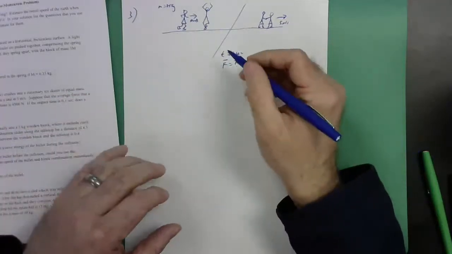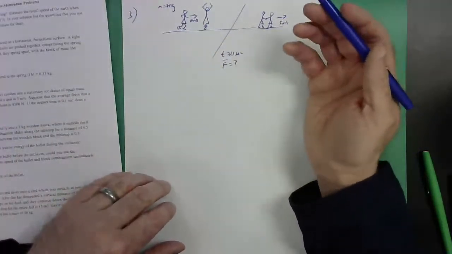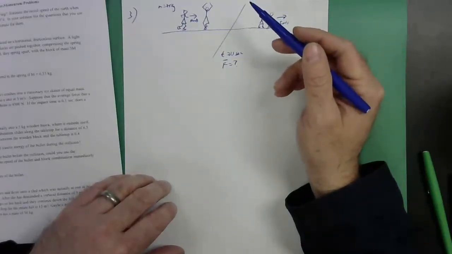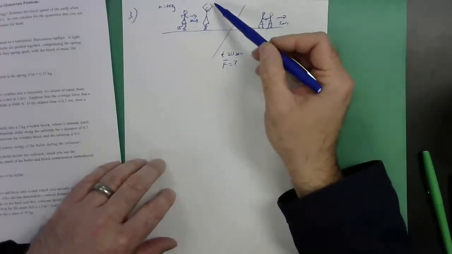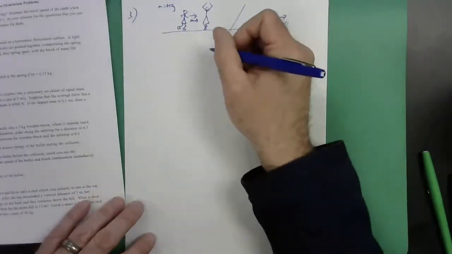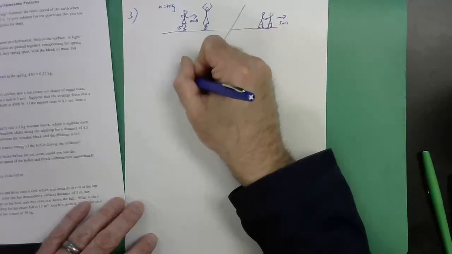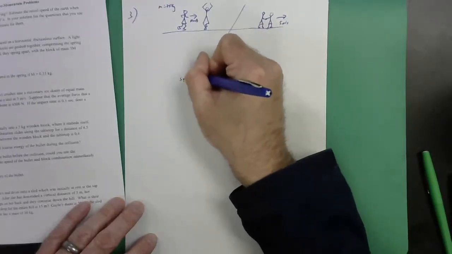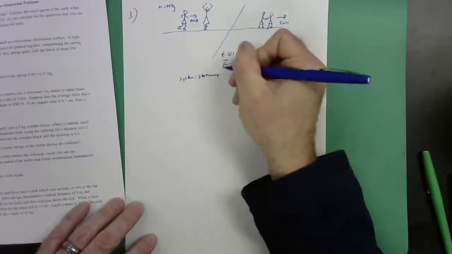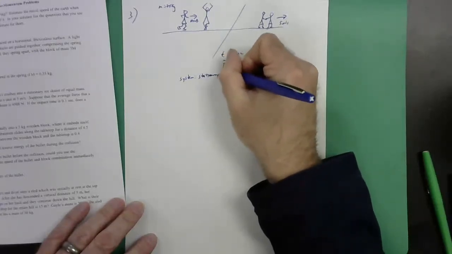So I have to look at just one skater. Let's do the one that was stationary, because there'll be a zero in that calculation. That'll be nice. So I'm going to do the initially stationary skater as my system.